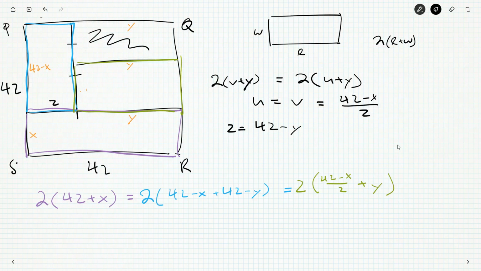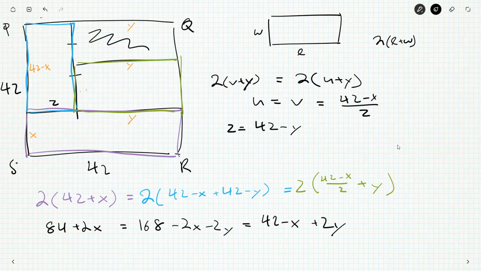Okay. So I'm going to multiply through by 2. I'm going to switch back to my regular colors, by the way. 84 plus 2x is equal to the same as 84 times 2, 168 minus 2x minus 2y, which is the same as 42 minus x plus 2y. Okay.